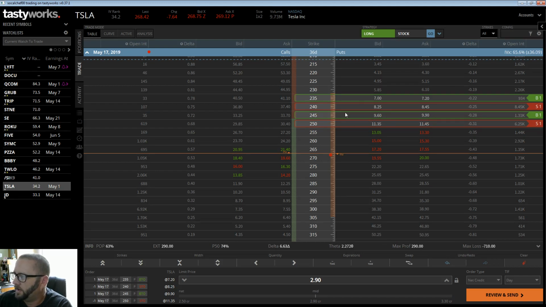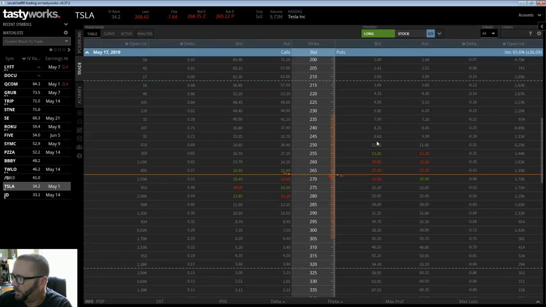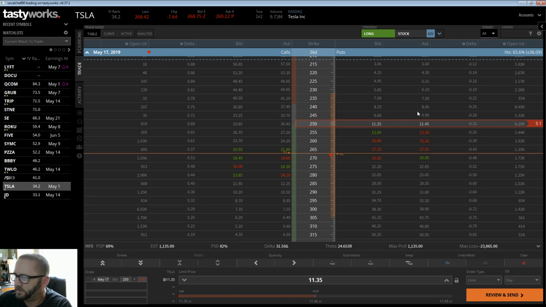I'm going to show you on Tasty. It doesn't matter how many, as long as there's more than one strike selected, it's considered a spread. So that's just basically what a spread is. You have your long option, long or short, and a spread is more than one leg.